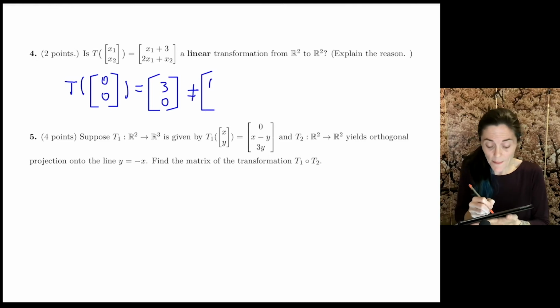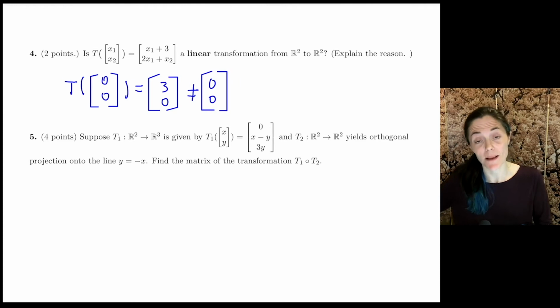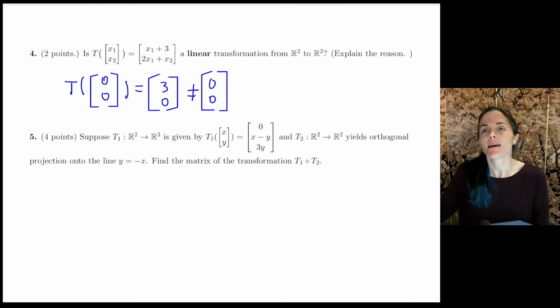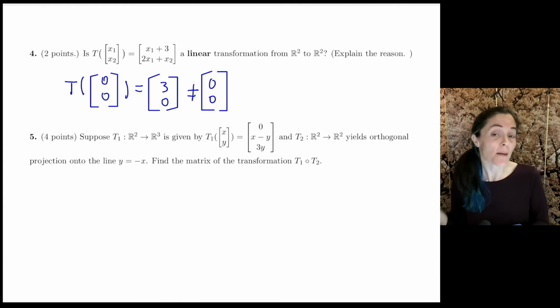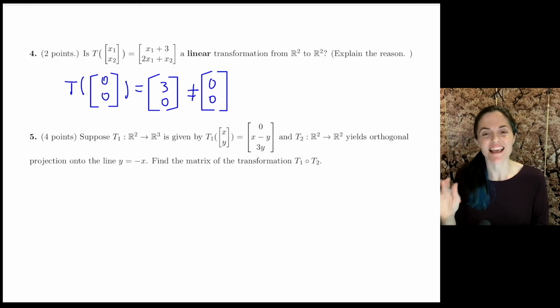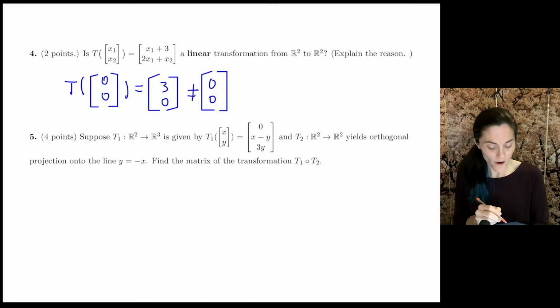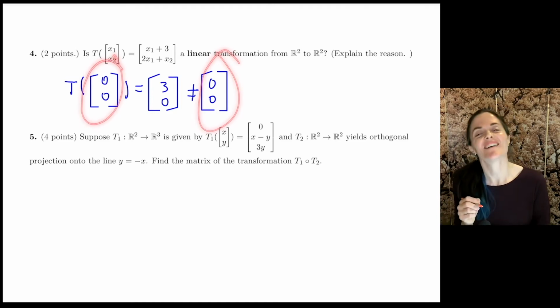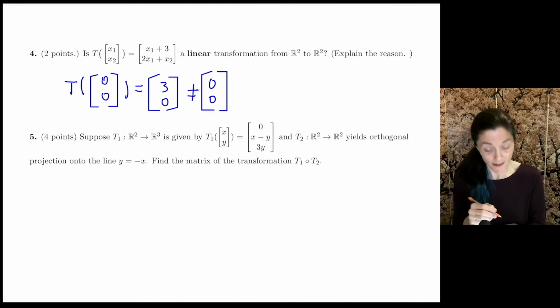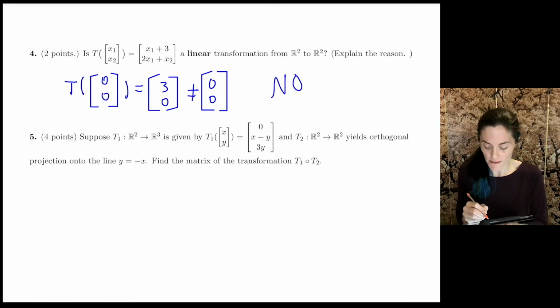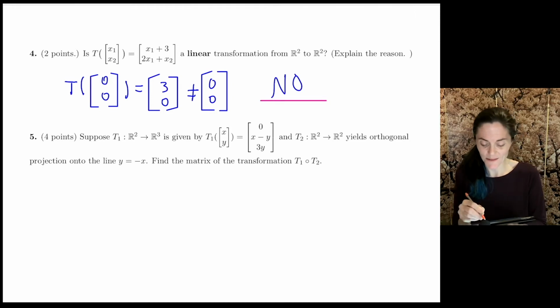That is one thing that absolutely must hold for linear transformations, that 0 maps to 0. Because, well, you can either see it through properties or we know there is some matrix A such that T of X is AX. And A times the 0 vector is always 0. Therefore, T of 0 must be 0 if you have a linear transformation, and it is not here. So the answer is no. This is my reason that T of 0 is not equal to 0.